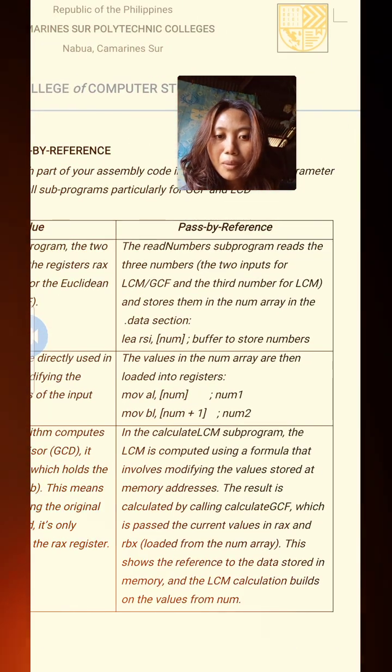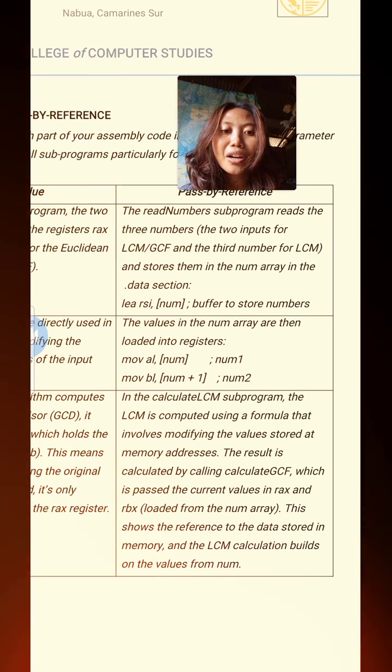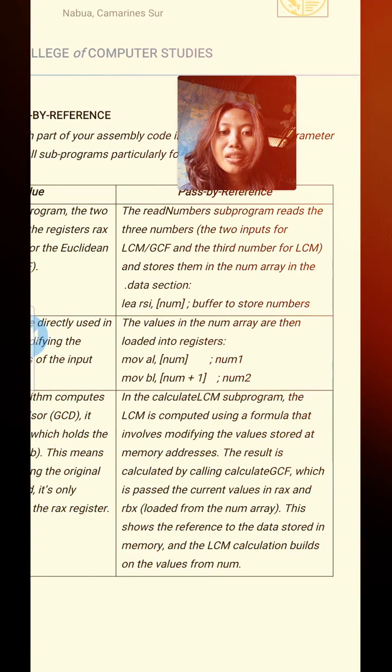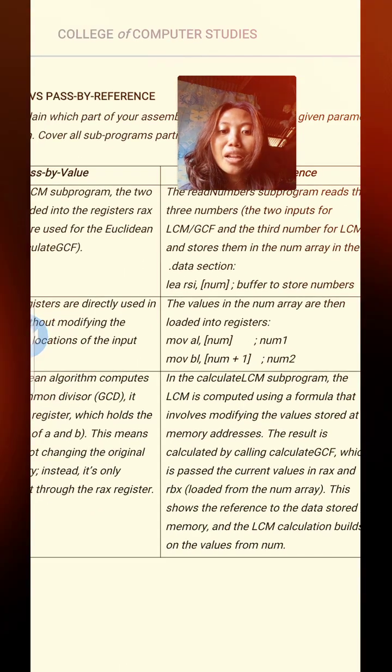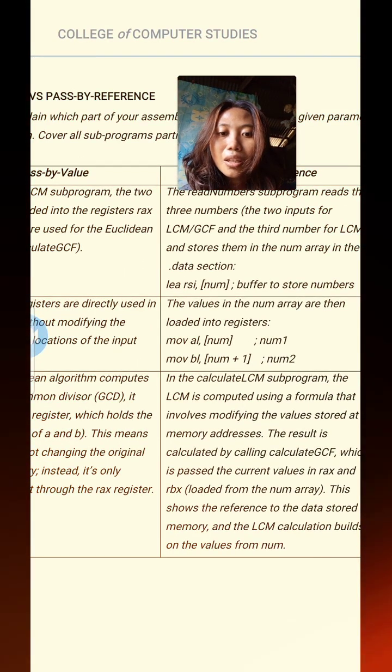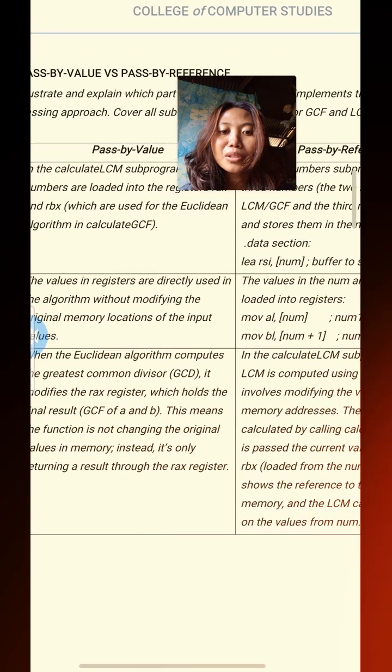And for pass by reference, the values in the num array are then loaded into the registers: mov al, num1, mov bl, num plus 1, num2.